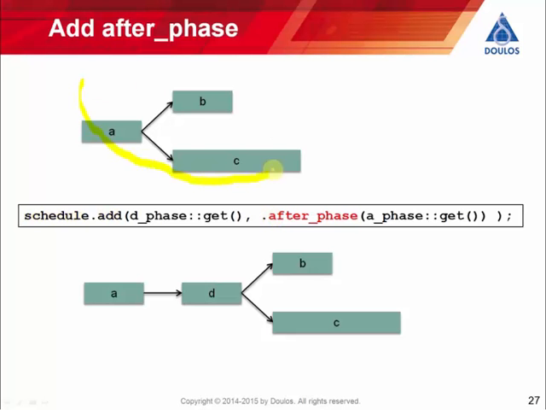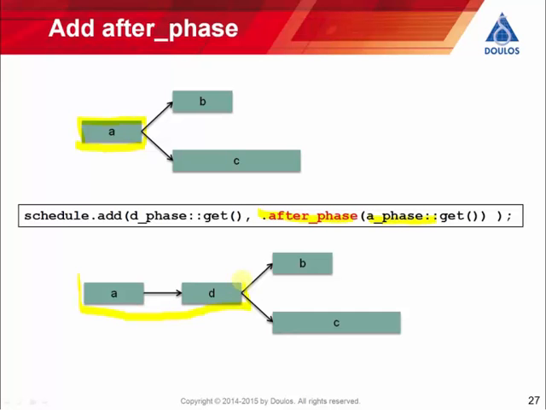So here's our existing schedule with three phases: A phase, B phase, and C phase, and now we're saying add D phase. In this case, adding the D phase after phase A phase. So we're inserting our new D phase after the A phase, and this is what we got.